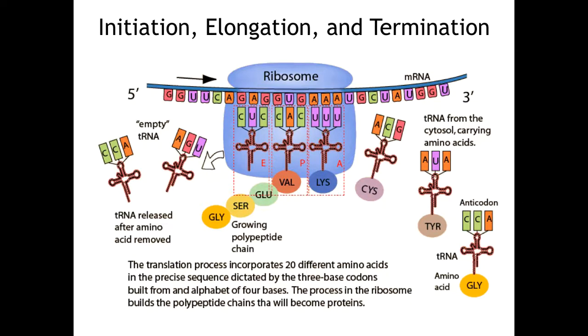New tRNAs come into the A site. Then the P site is where the peptide or protein grows from. And what happens is this whole chunk here will be transferred to the end of that one, making something that is glycergluvalase.